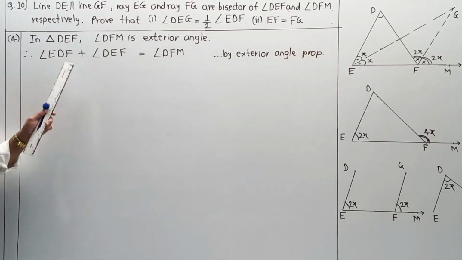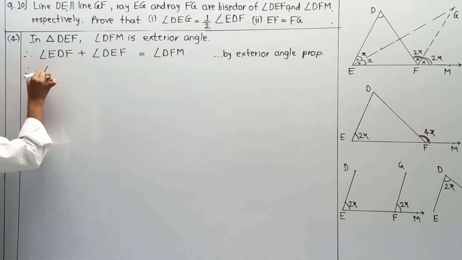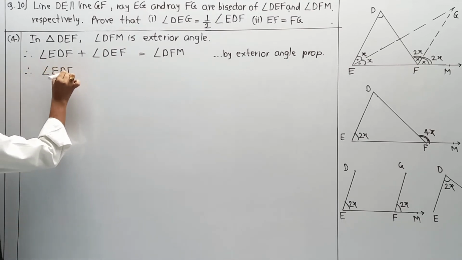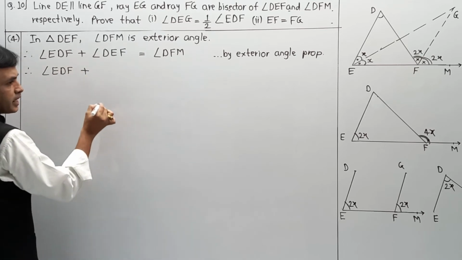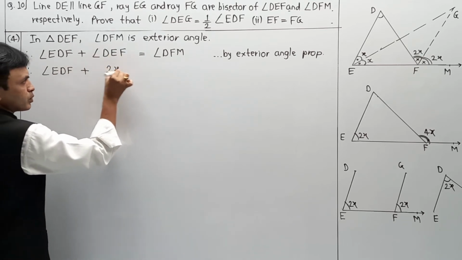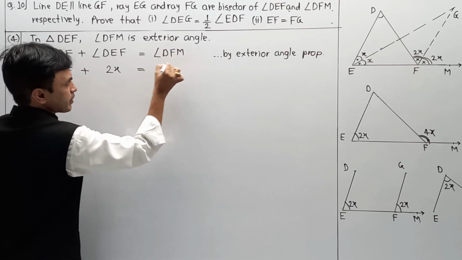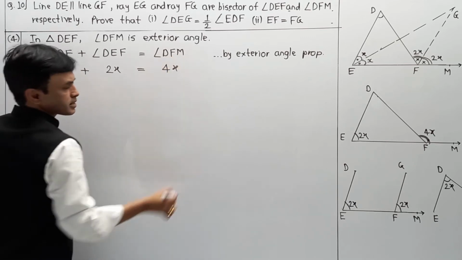Here angle EDF is what we are interested to find. EDF plus DEF, this value is 2x, and angle DFM is 4x.